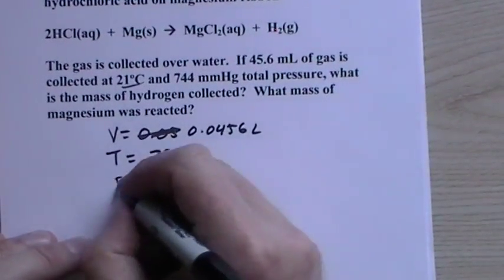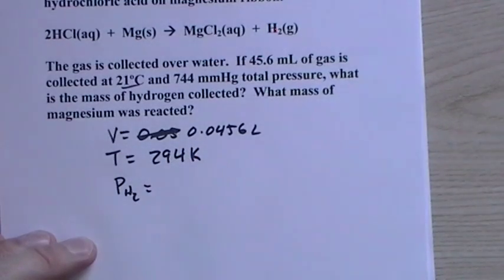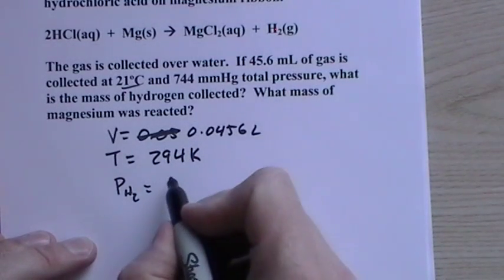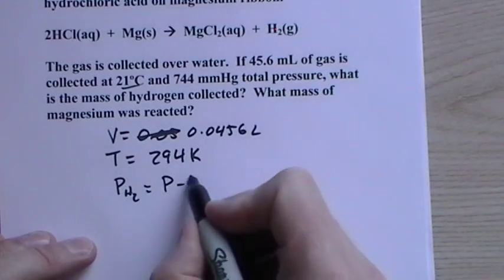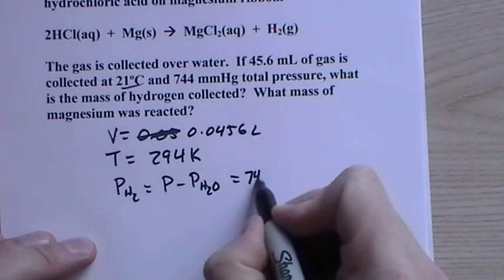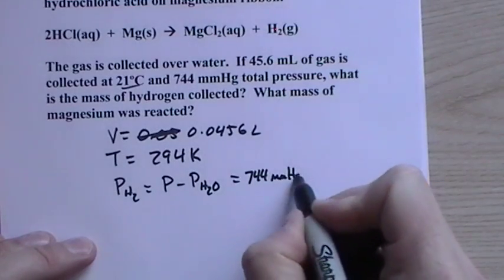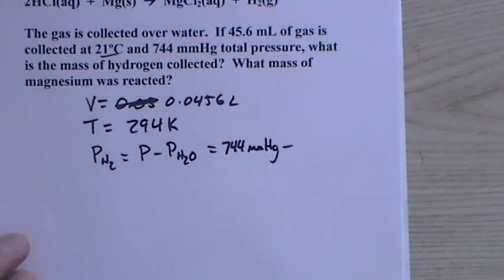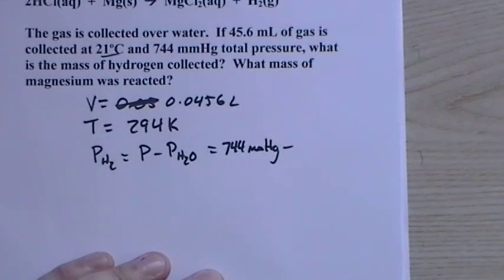Now we need the partial pressure of just the hydrogen if we're going to find the moles of hydrogen using the ideal gas law. So this is the total pressure minus the vapor pressure of water. Total pressure is 744. I don't change it to atmospheres because our table in our book, the vapor pressures of water are in millimeters of mercury.